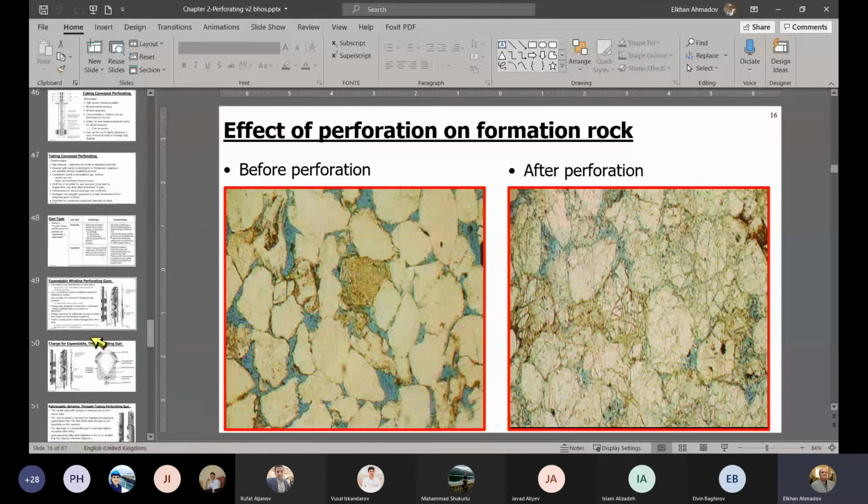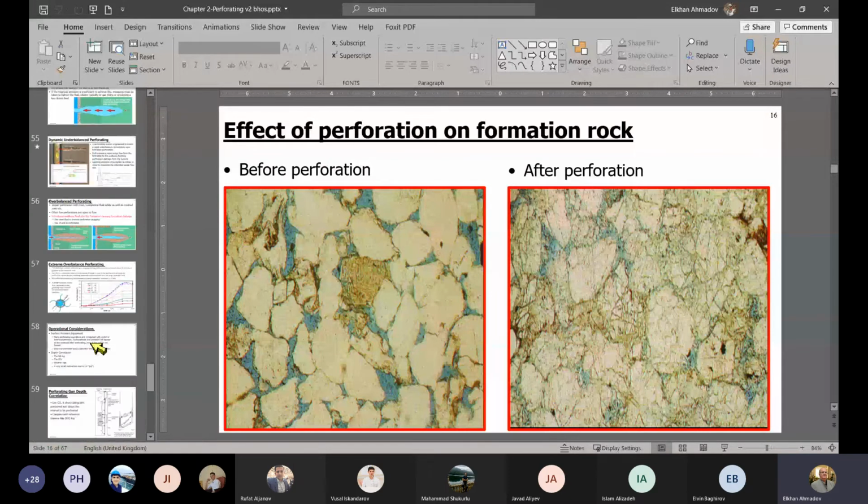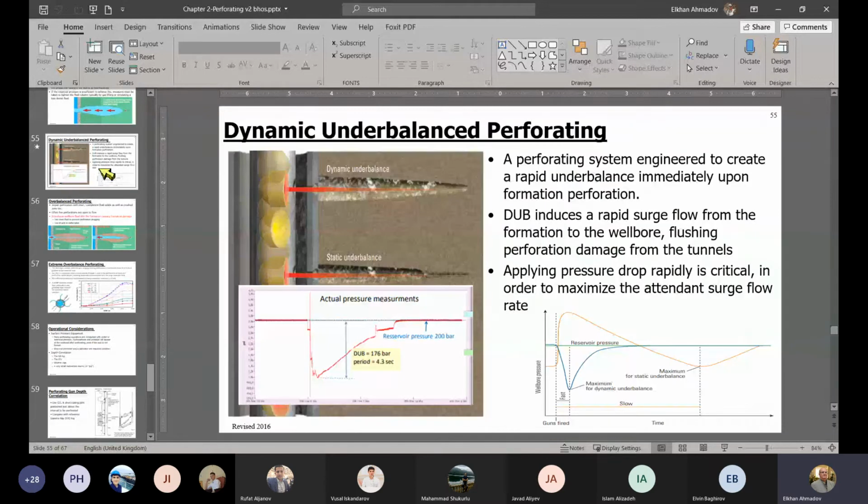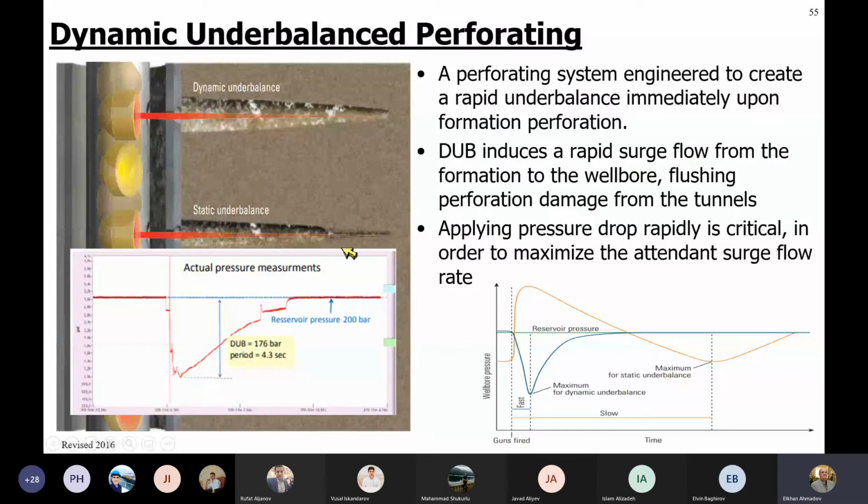So the flow of the fluids through the perforation tunnel is efficient, and the obstructions on the flow paths are removed, so we get smooth flow into the perforation tunnel and through this perforation tunnel into the wellbore.